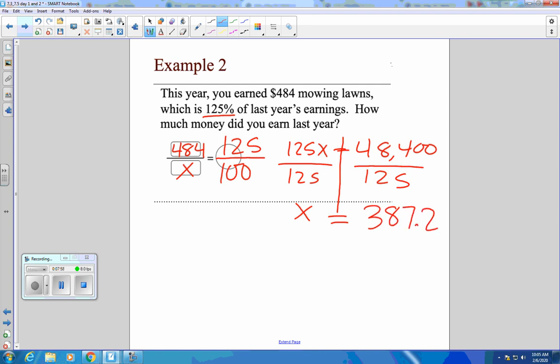But it's asking us how much money did you earn, so we're going to write that as $387.20. If you earned 125% of last year's, that means you're going to make more than last year's. So if last year's was about $390, it makes sense that this year was $484. It was more than last year's.